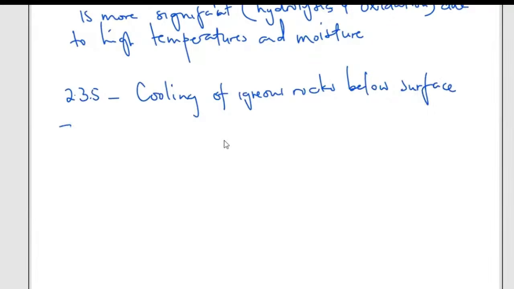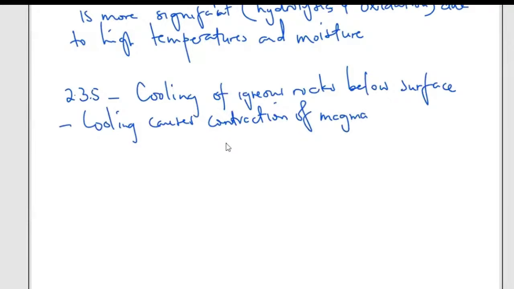That's the initial step. And after solidifying below the surface, the cooling process causes contraction. There's contraction of magma. Remember, if it's hot liquid rock, it will be in an expanded form, and once it cools, it contracts.